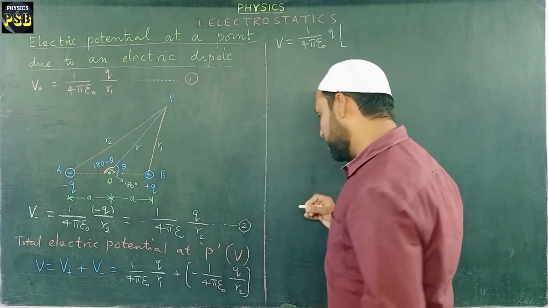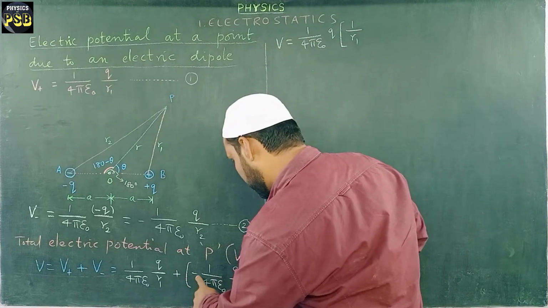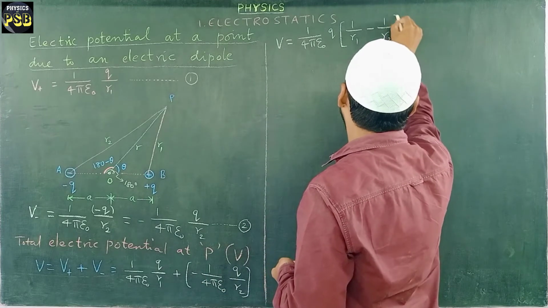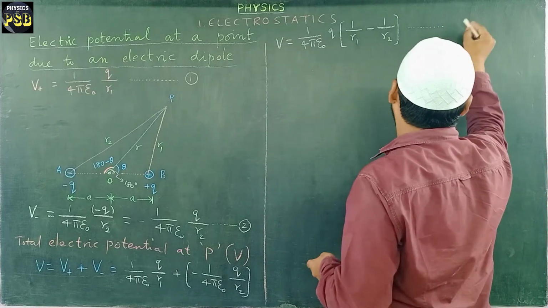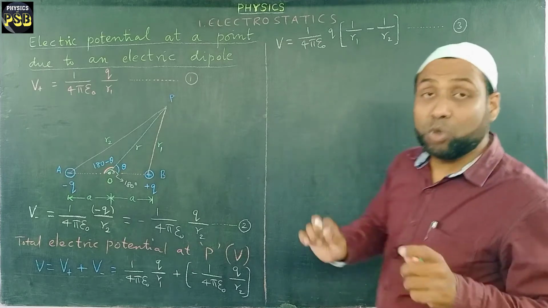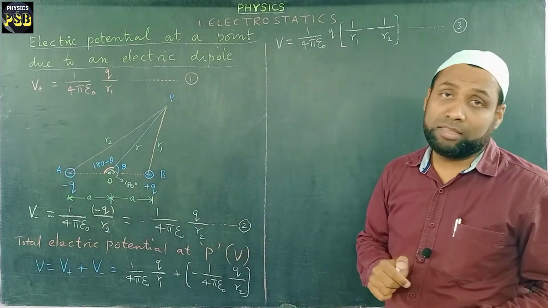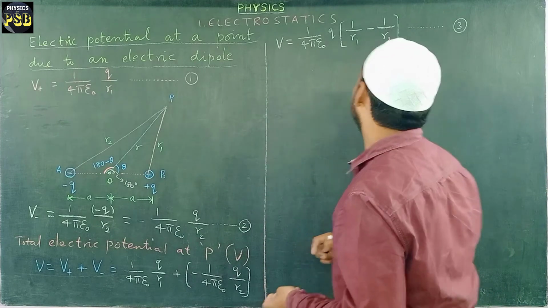Then inside, what is left? 1 upon r1, and here plus into minus becomes minus 1 upon r2. This is taken as equation number 3, and this provides us the total electric potential at point P due to the electric dipole.